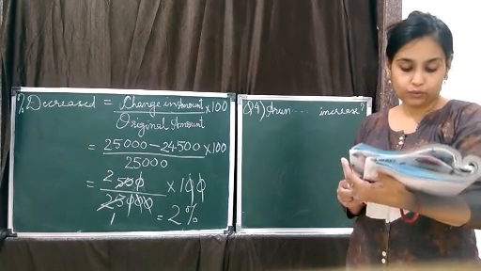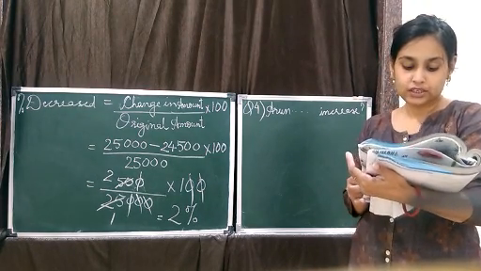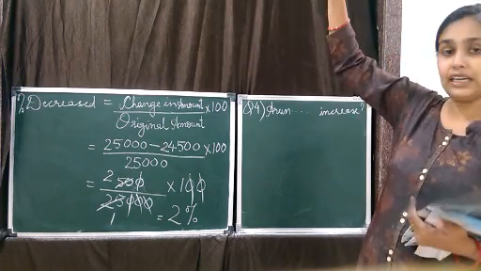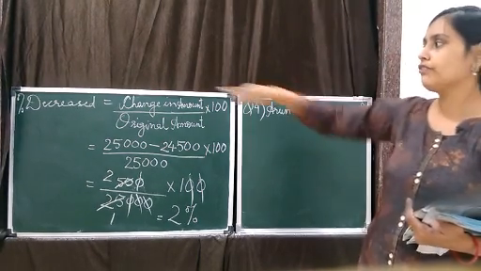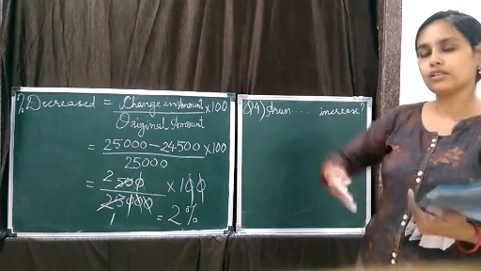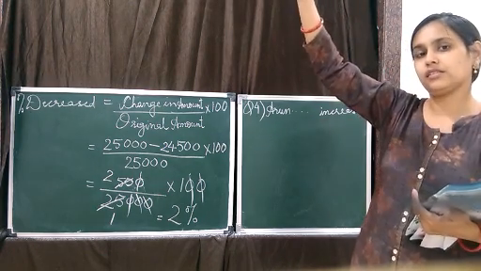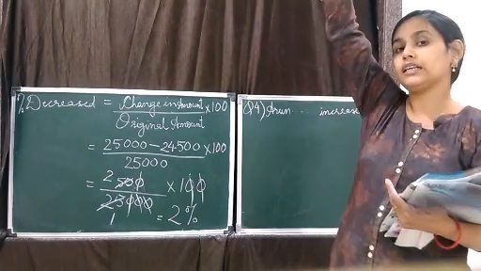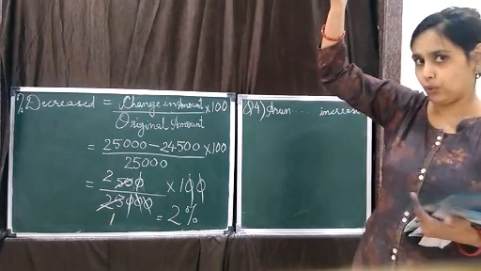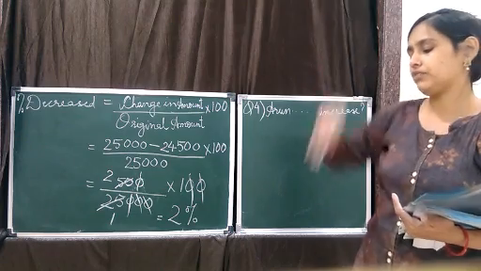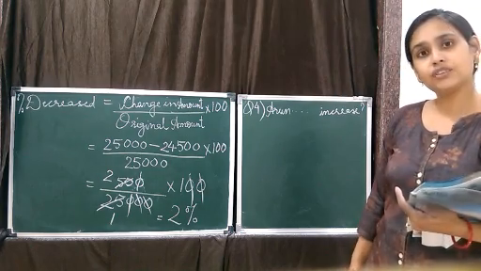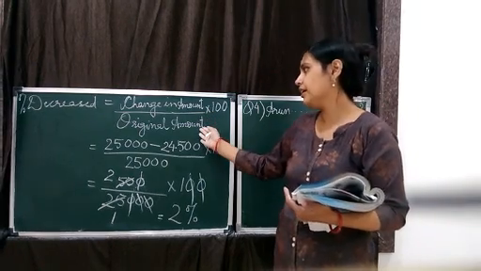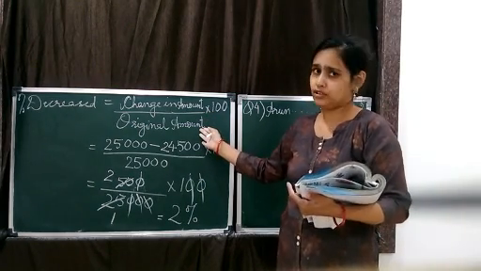Now, what was the percentage of price increase? Here we have to find the percentage increase instead of percentage decrease. Why? Because the amount is increasing. Before it was 3,50,000, then it became 3,70,000, 20,000 more. Correct? So that is why we have to find the percentage increase. Same is the formula. Change in amount into 100 upon original amount.